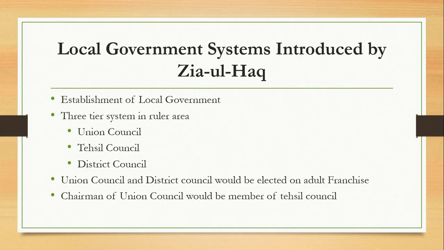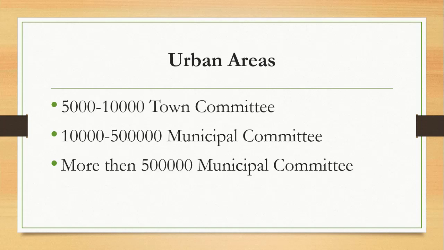Union Council and District Councils would be elected on adult franchise, while for the Tahsil Council, there were no direct elections. An indirect system of election was introduced, so all the chairmen of the Union Councils of the respective Tahsil were the members of the Tahsil Council.